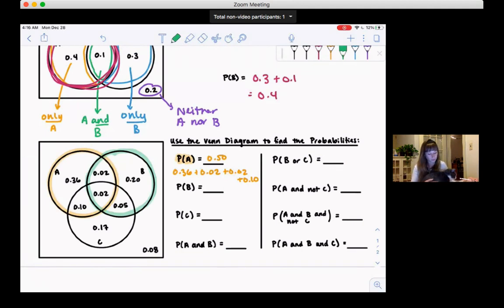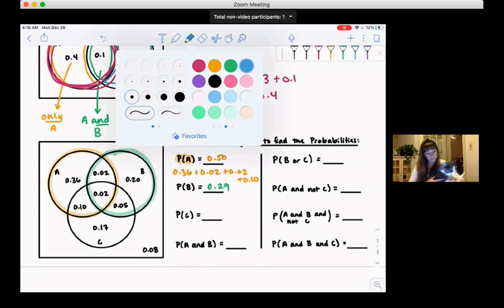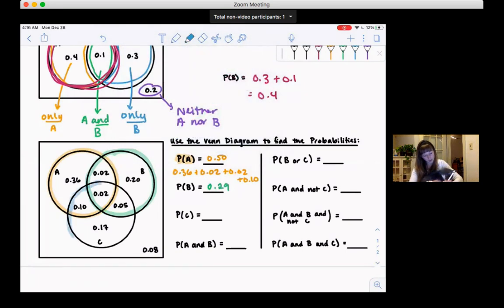It would be 0.2 plus 0.02 plus 0.02 plus 0.05, which is 0.29. And then finally, the probability of C is the same idea. We add up all the sections in the C circle: 0.17 plus 0.10 plus 0.02 plus 0.05, and we get 0.34.